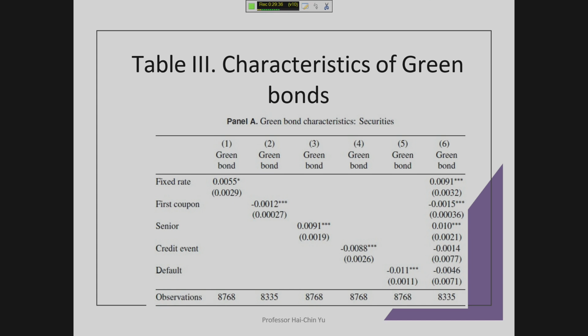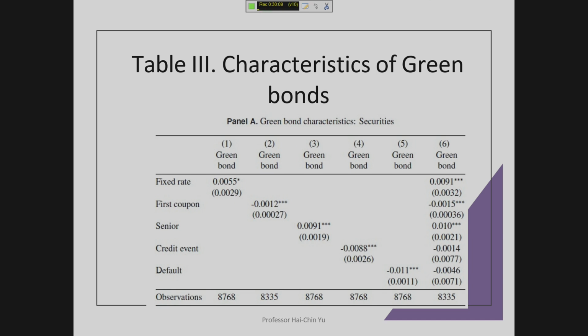we can see that the coupon is relatively lower. And there's the senior group, senior security. If you have the highest seniority, you may get a higher rate. And fixed rate, positive. For green bond, it's like a dummy. If it is a green bond, you will be given a 1, or otherwise a 0.